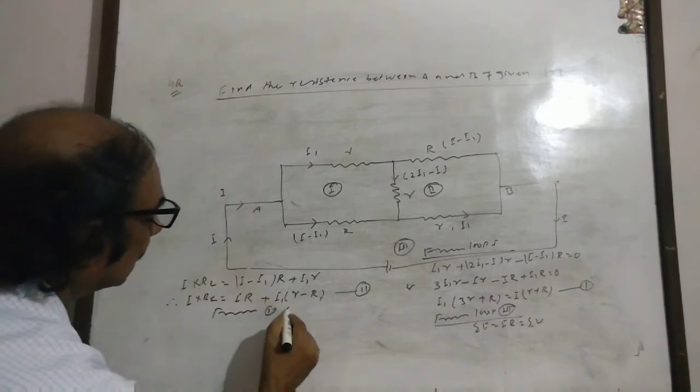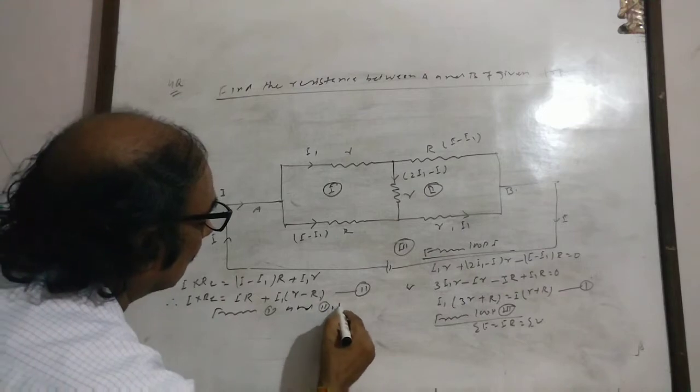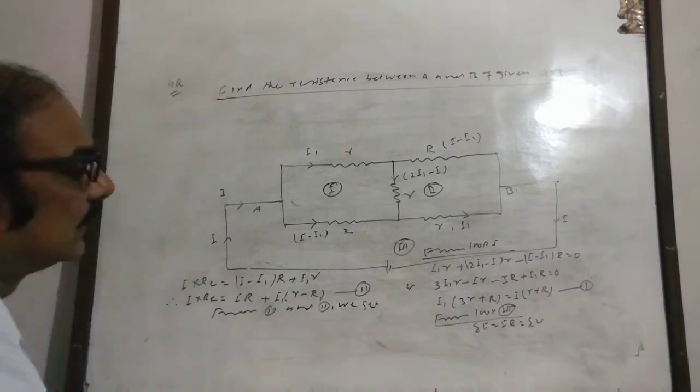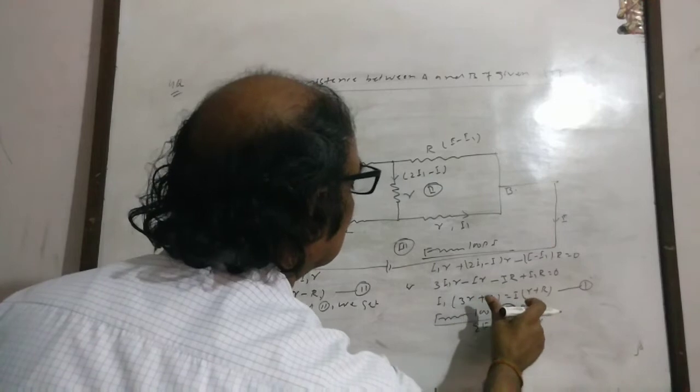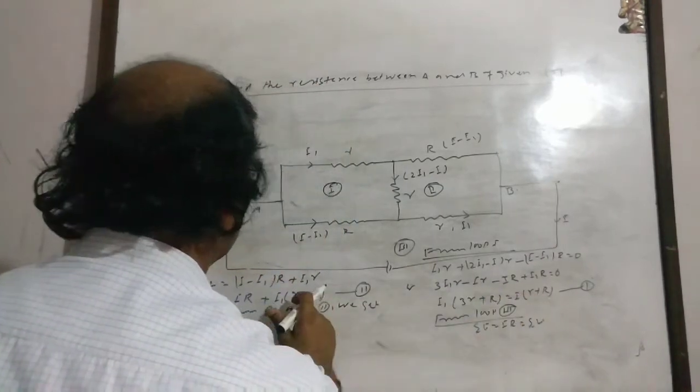From 1 and 2, we get, substituting the value of I1 from this equation and here.